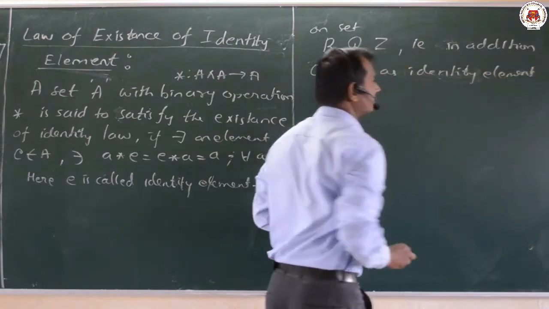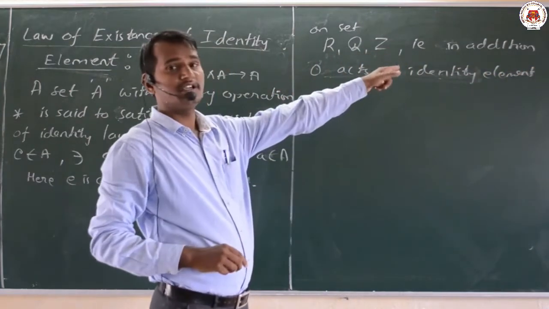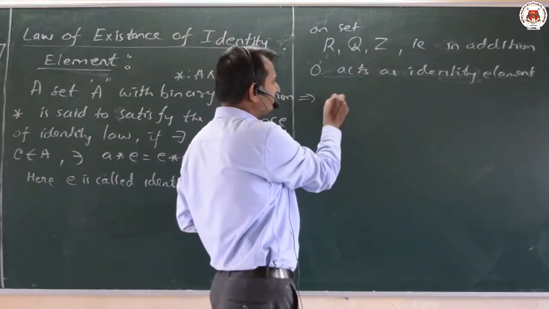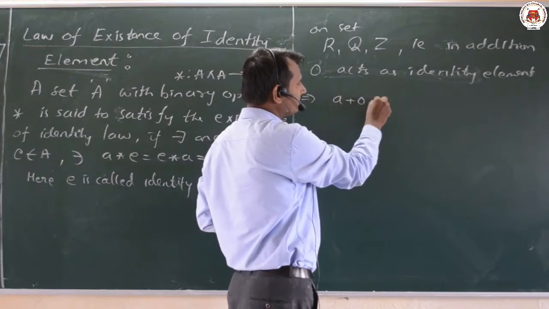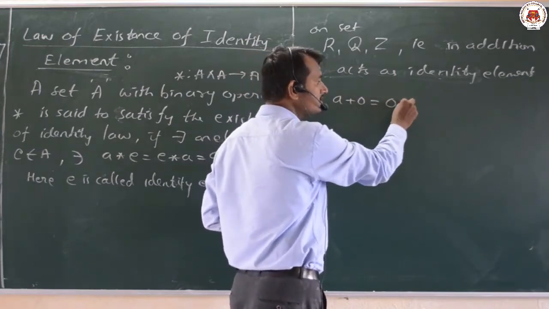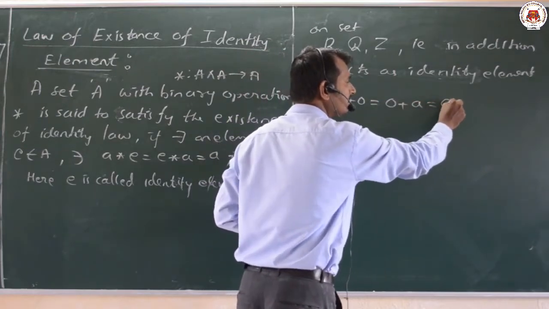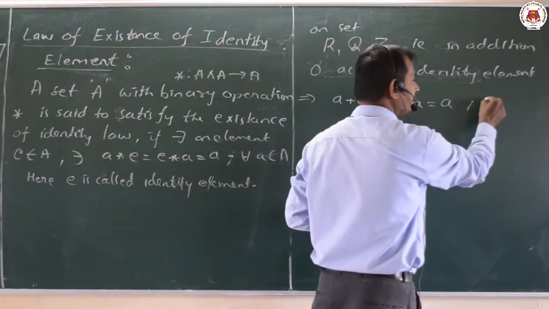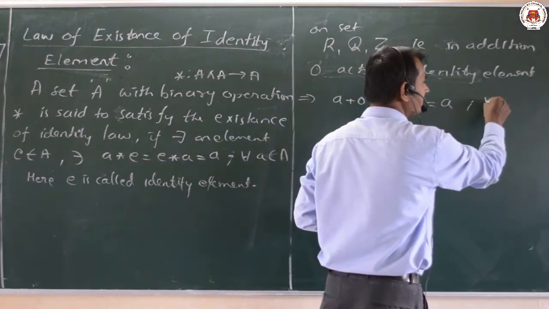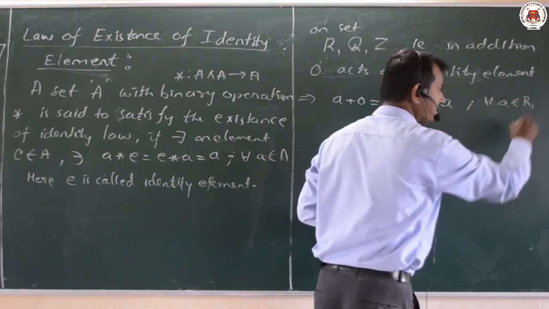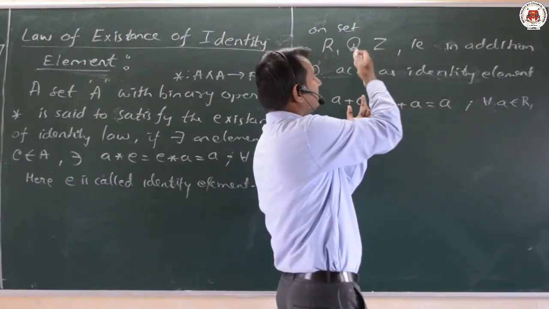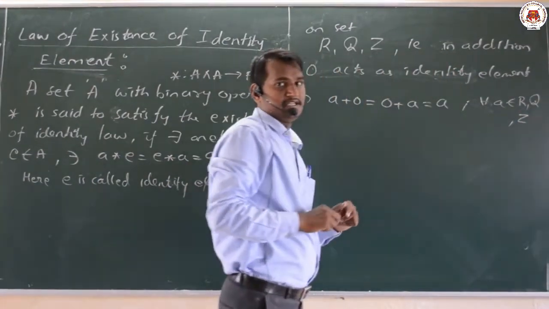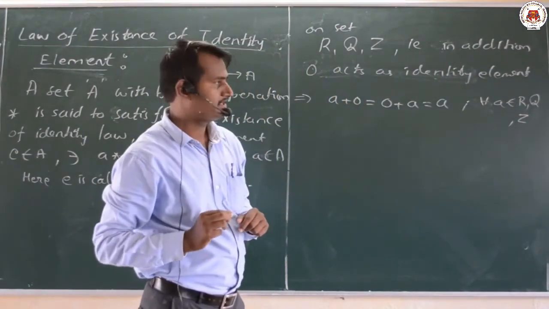Let us observe here, the operation is addition. Now a plus 0 equal to 0 plus a equal to the value a itself, for all a belongs to R, or either it may be Q, that is rational numbers, or either it may be Z, that is the set of all integers.